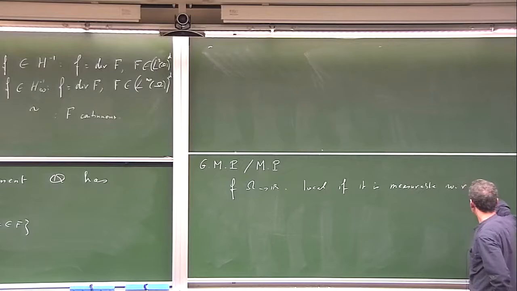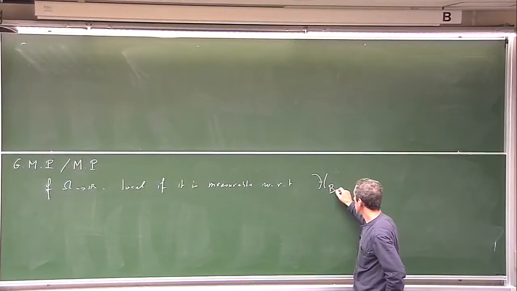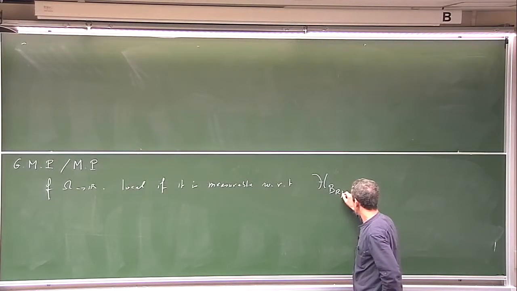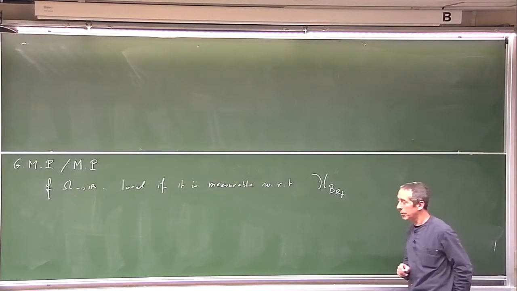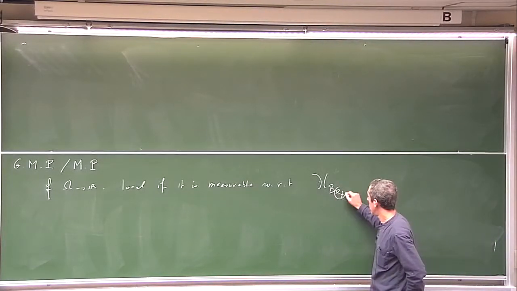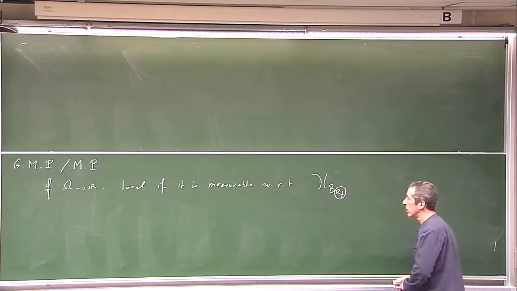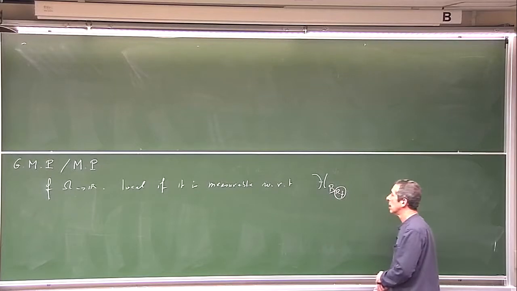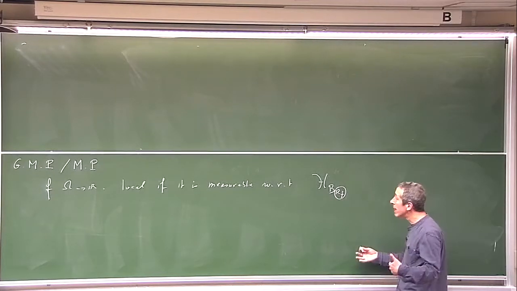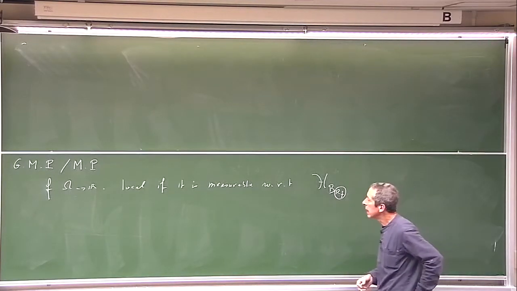So with respect to the sigma field generated by the environment in a ball of some radius R_F, which depends on F. So R_F will be the dependency range of the function F.